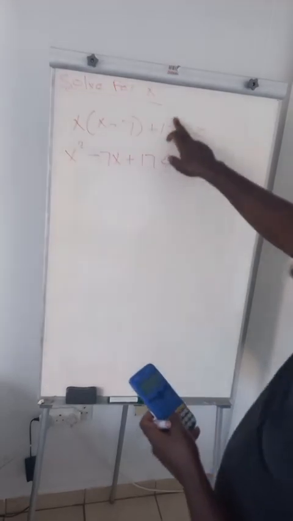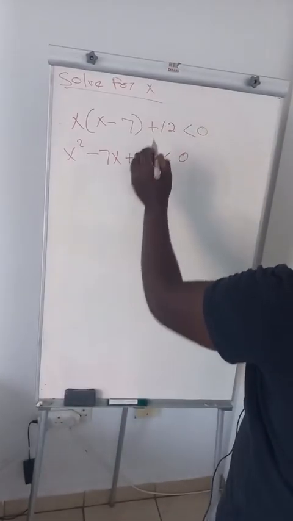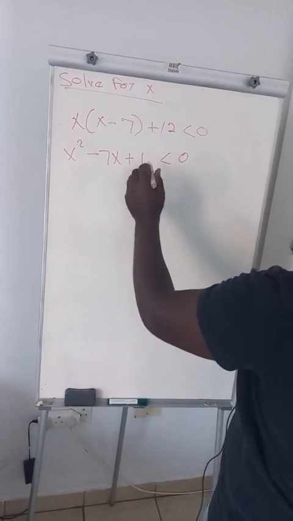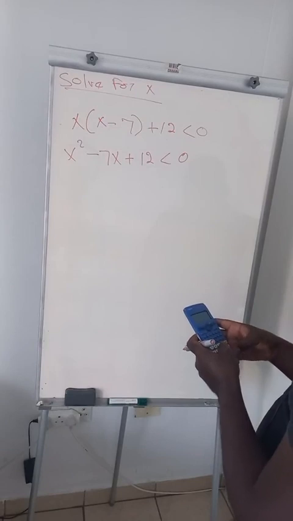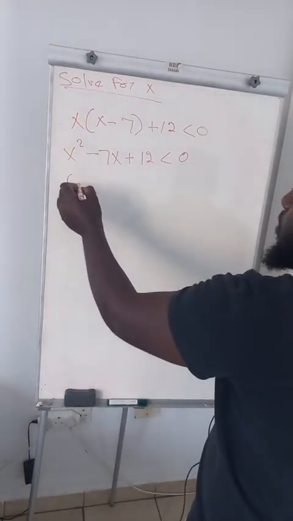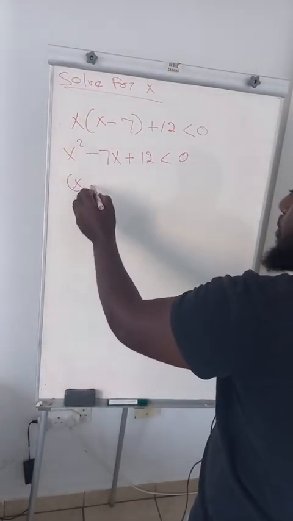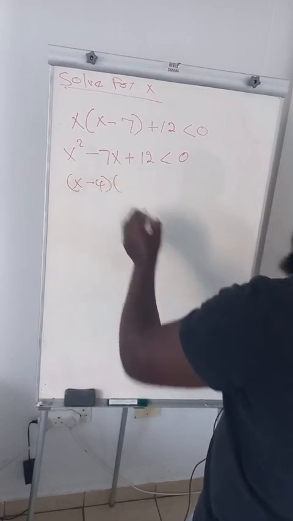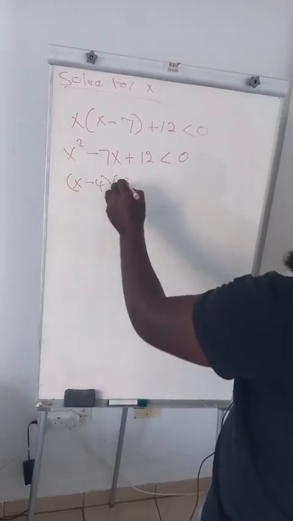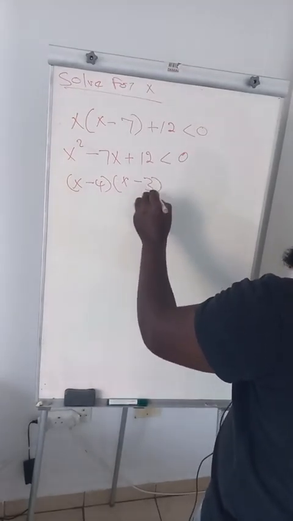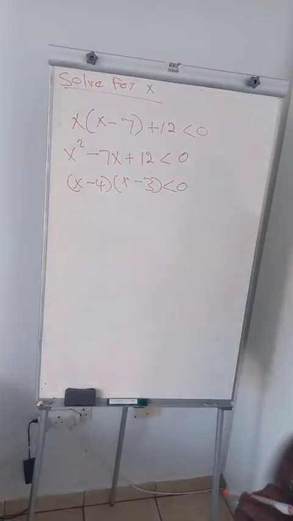This is not 17, this is 12. So it means your equation will say x minus 4, and another part will be x minus 3, less than 0.